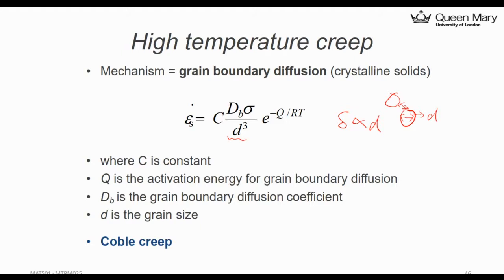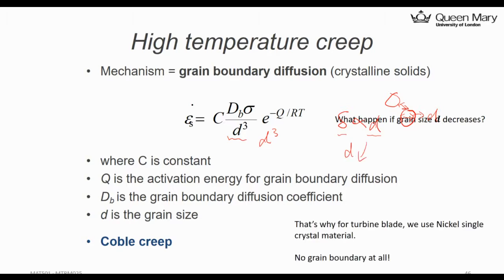So the gap will have a relationship to the D. Eventually we have a cube relationship here, D cube. That means the grain size will play a more significant role in the creep. So if you decrease the grain size, definitely you will have much quicker creep strain.